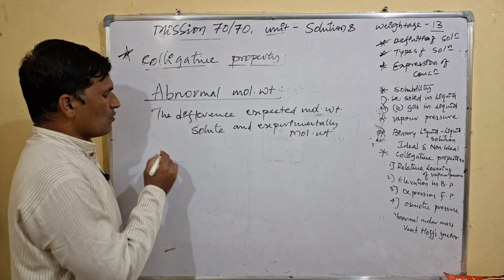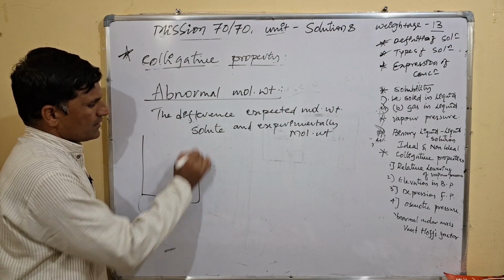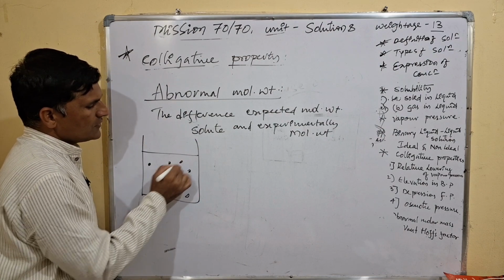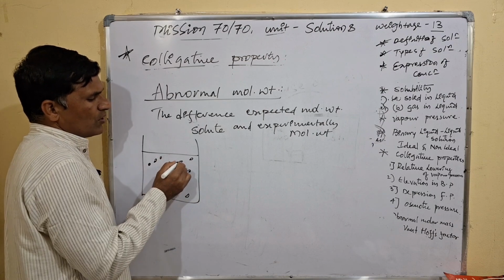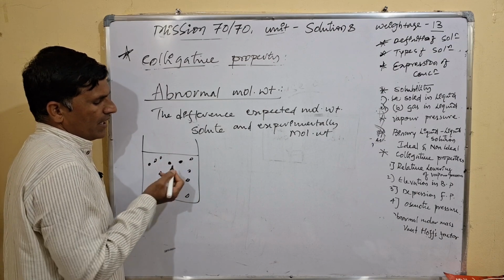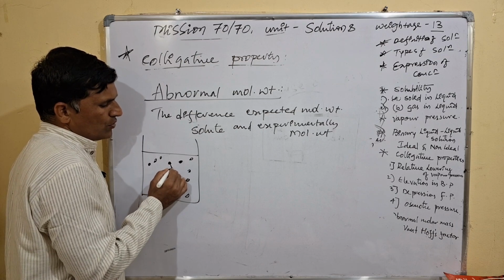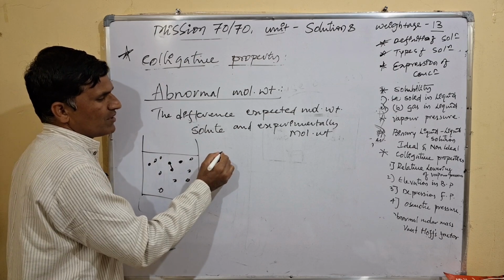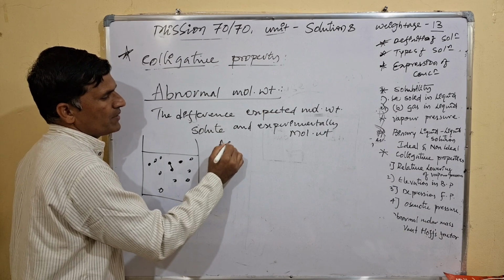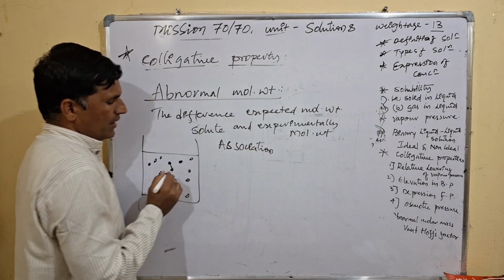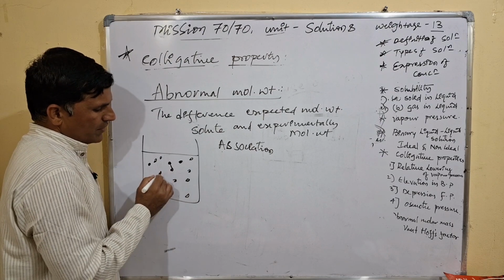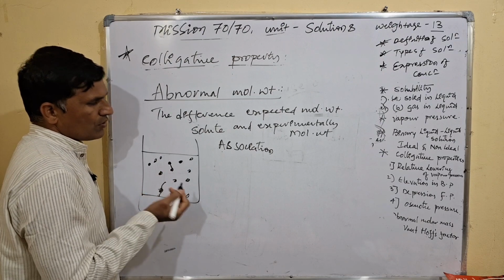We get this due to what happens? Say, for example, I have added 10 molecules. These molecules in the given solvent may have a tendency to associate with other molecules to form dimers. We call this one phenomenon association. Another condition is that in the given solvent, a molecule may dissociate.